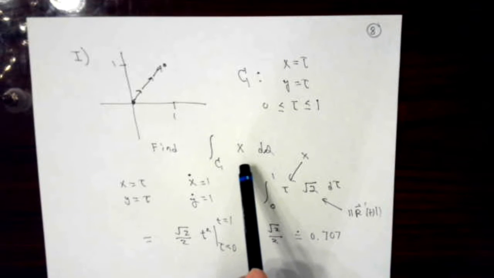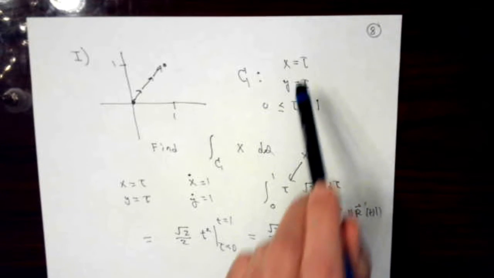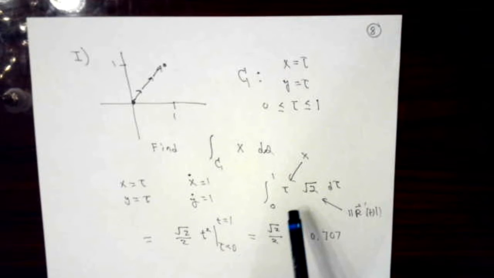I'm integrating x, but x in terms of t is just t. So the integral that you have to do is the integral from 0 to 1, square root of 2 times t integrated with respect to t. That's straightforward to integrate. You get square root of 2 over 2 for an answer.